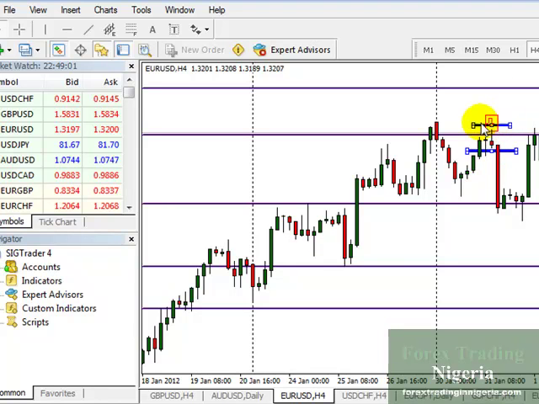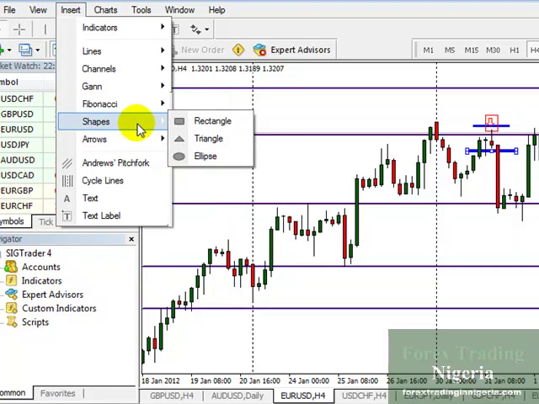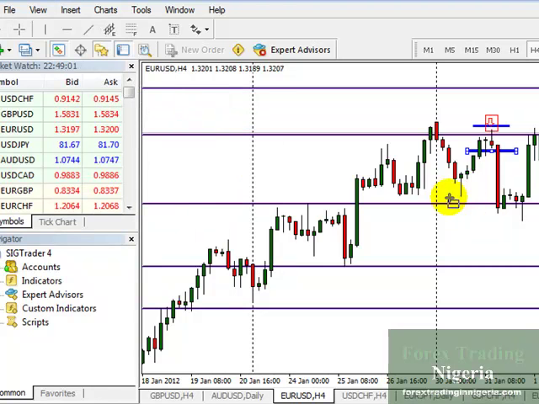So look, compare this now. Look for where, the place that we enter the trade, and look for where our stop is. And the take profit will be at the next support, which is this place.